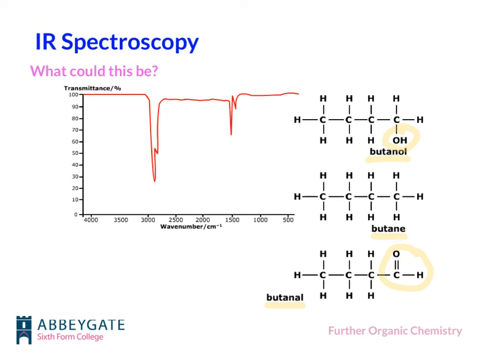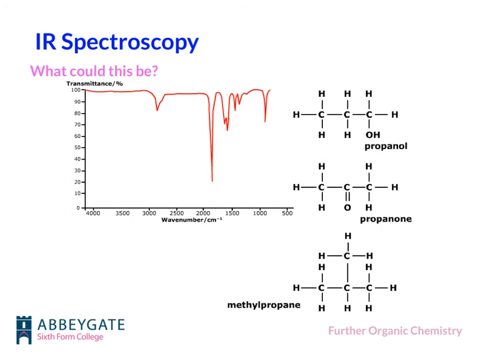We can see we definitely don't have anything around, there's no broad peak around 3,000, and there's nothing happening around 1,700. The only thing I've got in there is this sharp peak just before 3,000, which is due to my CH bond. And if that's all that's in there, then we know that we're looking at butane.